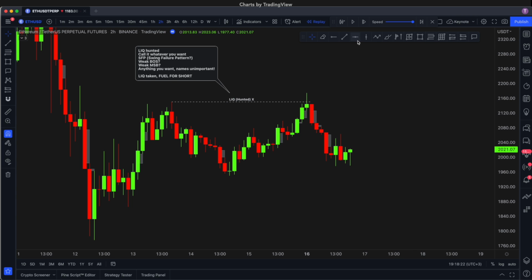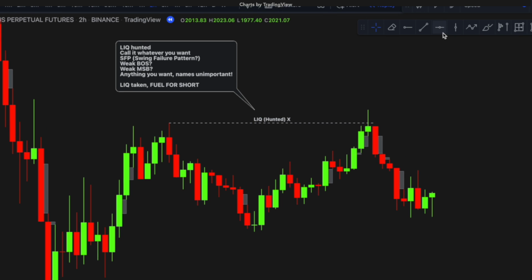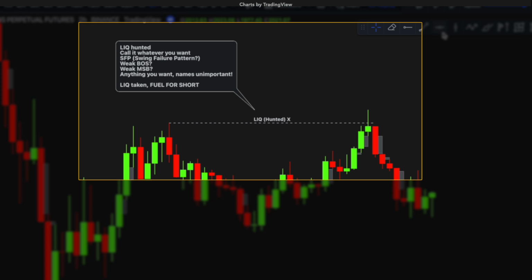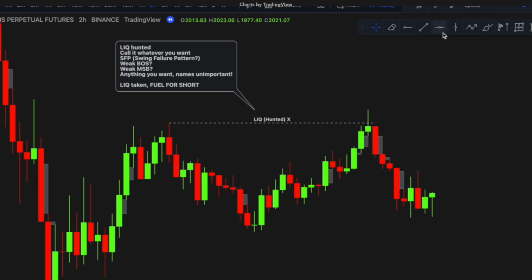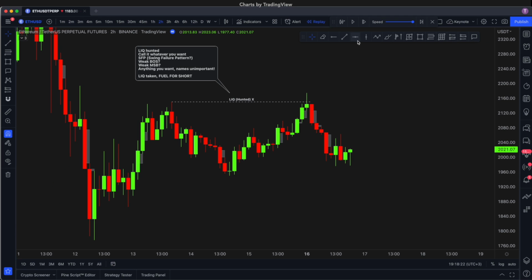Okay, what is happening here? This is a liquidity operation, as you can see. The price clears the liquidity from the previous significant high and strongly breaks down. I forgot to draw the break, but it is obvious, as you can notice.